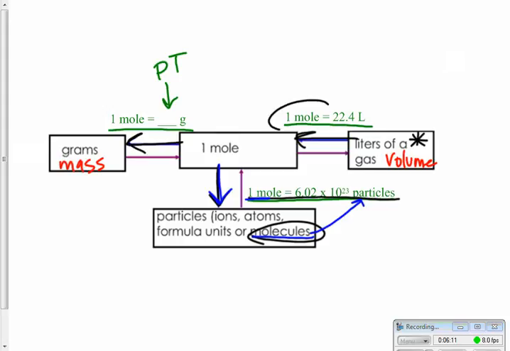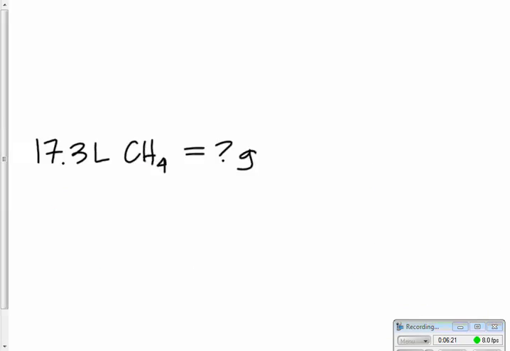So we're going to use this conversion factor, and then we're also going to use this one, where we have to calculate on our periodic table the mass of the CH4. So always start by writing what you're given, which was 17.3 liters. So I write 17.3 liters CH4. Okay, here's my first conversion factor. Units first.